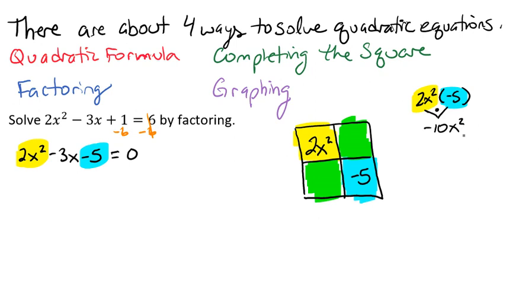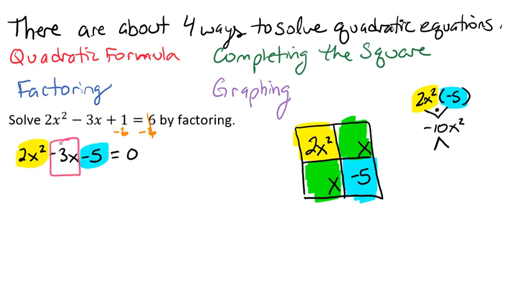Now this part is pretty easy. The x's, okay, they're just going to split. That's what you do with the x's for the x squared. Now to do the next part though, you're looking for the factors of negative 10, but those factors have to add up to this minus 3 right here.